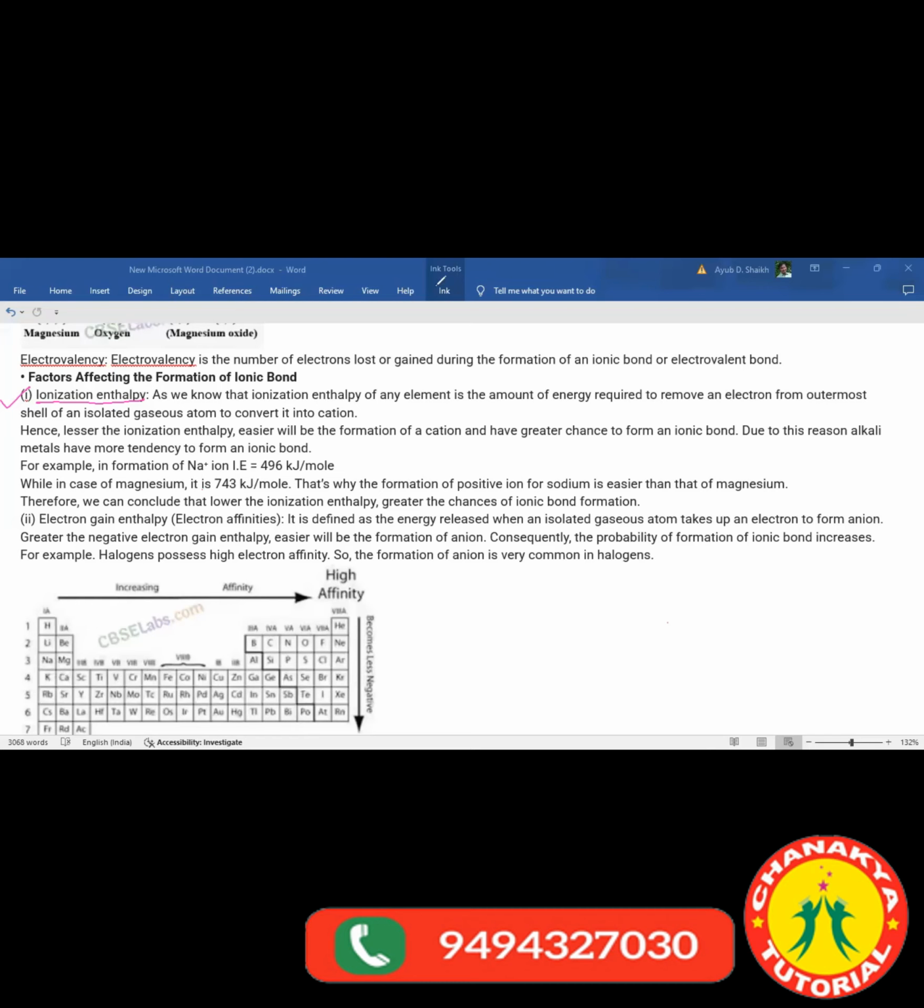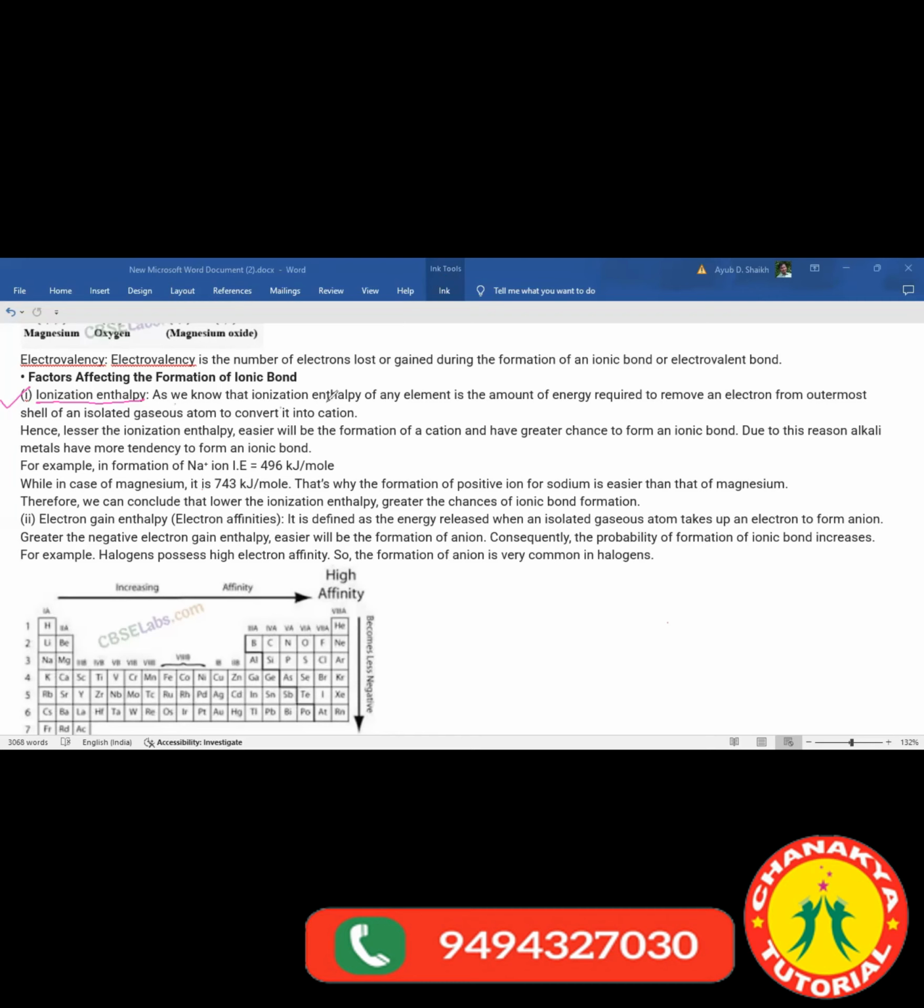It is the amount of energy required to remove the outermost electron from the outermost shell of an isolated gaseous atom to convert it into its cation, correct? Fine. So same thing is given over here.